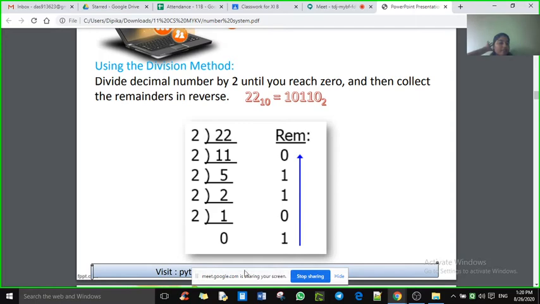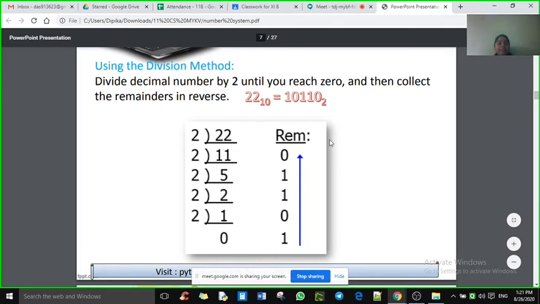Then you will collect the remainders in the reverse order. Yes, Neha, collect all the numbers in reverse order. Yes, ma'am. 10110. Correct. So this number represents the binary number which is equivalent of 22. Yes, Suchismita, tell me what is the equivalent of 22 in binary?